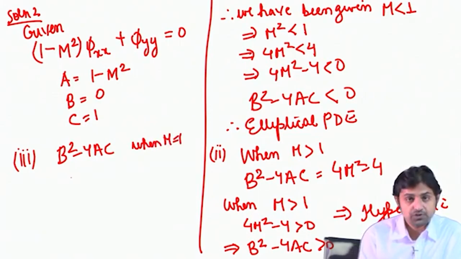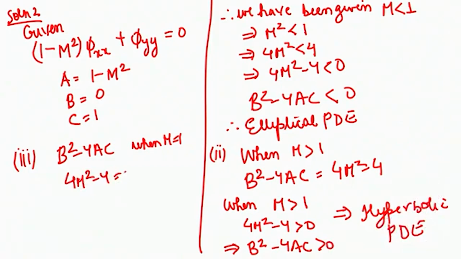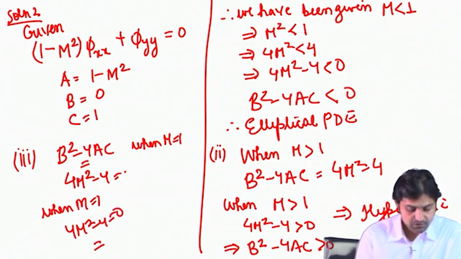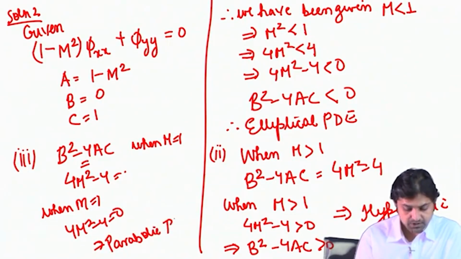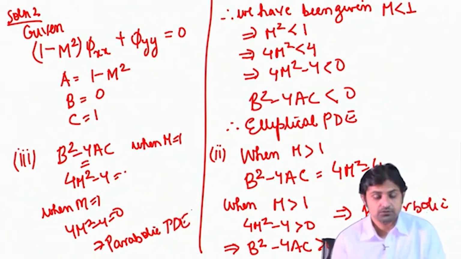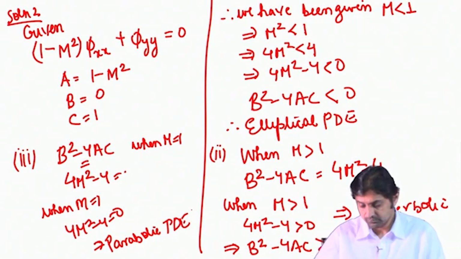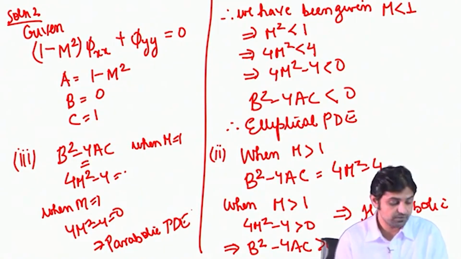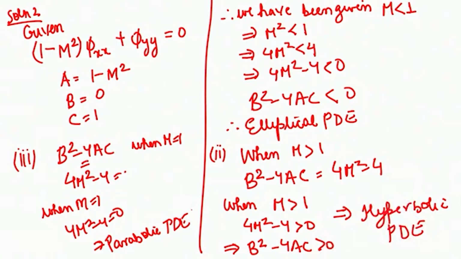So b square minus 4ac came out to be 4m square minus 4, right? So when m is equal to 1, 4m square minus 4 is equal to 0. This means it is a parabolic partial differential equation. So this is how we have solved the problem.